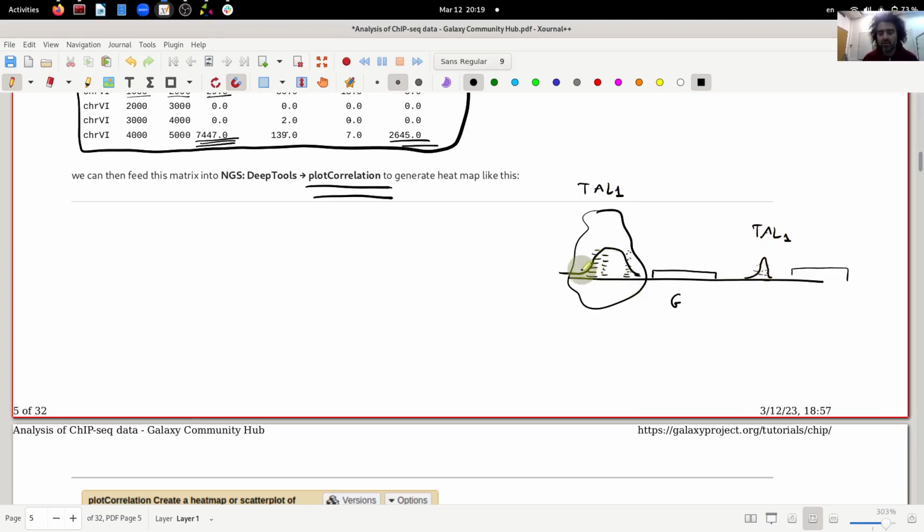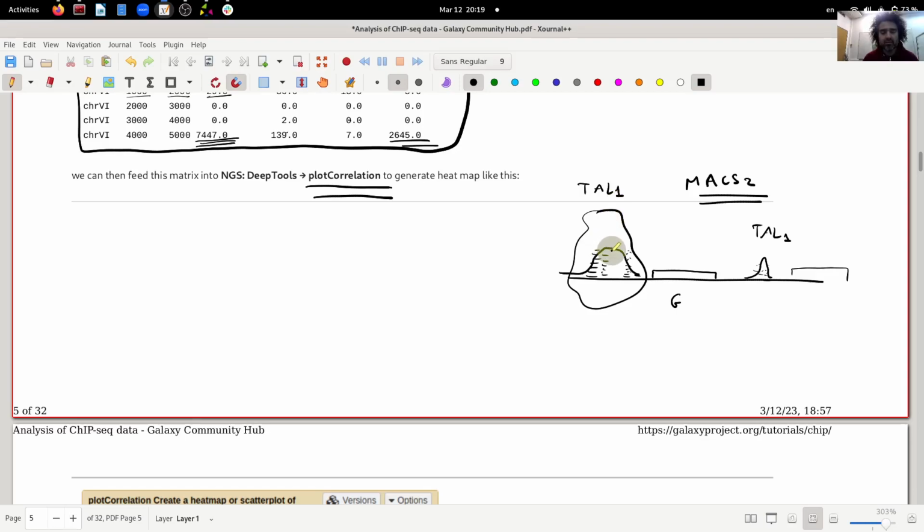Okay, so MACS2 will try to infer these peaks here in order to denote where TAL1 may bind.